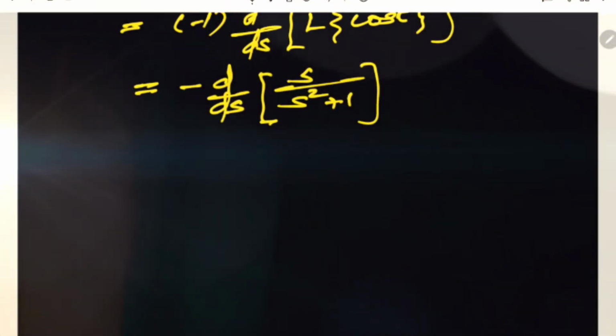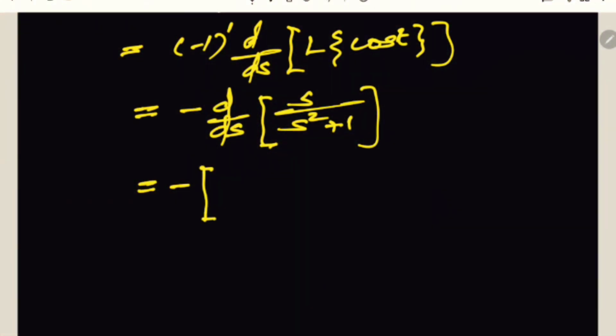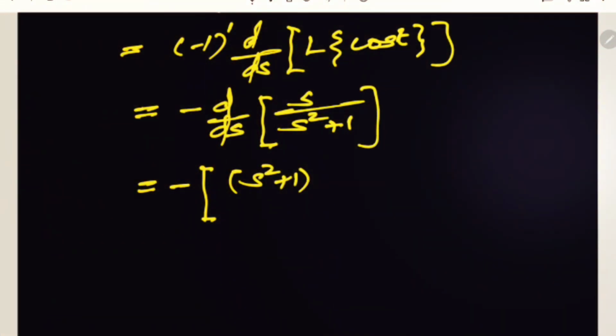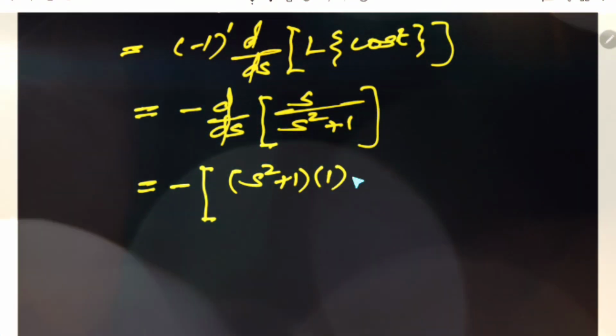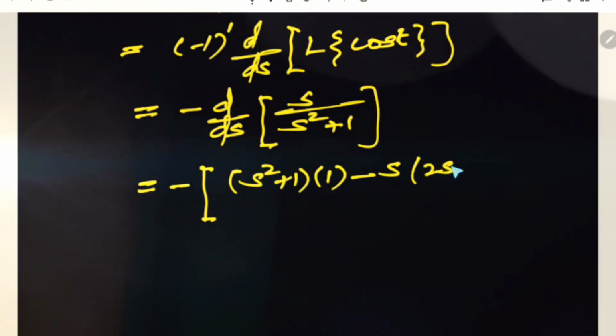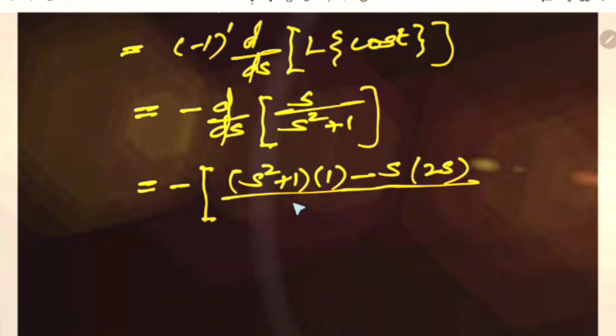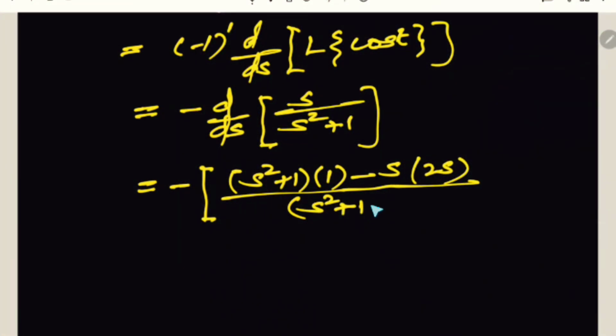and then differentiating it by the quotient rule, we get minus, s square plus 1, derivative of s as 1, minus s, and derivative of s square plus 1 is 2s, whole divided by the square of this term, s square plus 1.